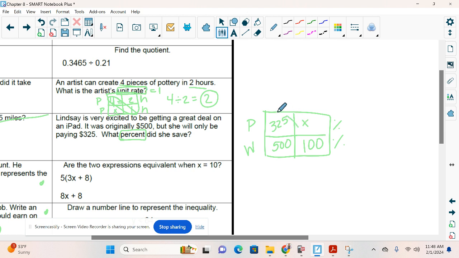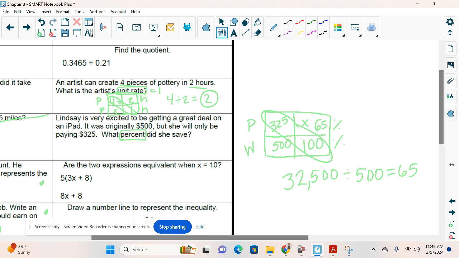So we cross multiply 325 times 100, which gives me 32,500, and then we divide that by 500. 32,500 divided by 500 gives me 65. Okay, this is 65%.